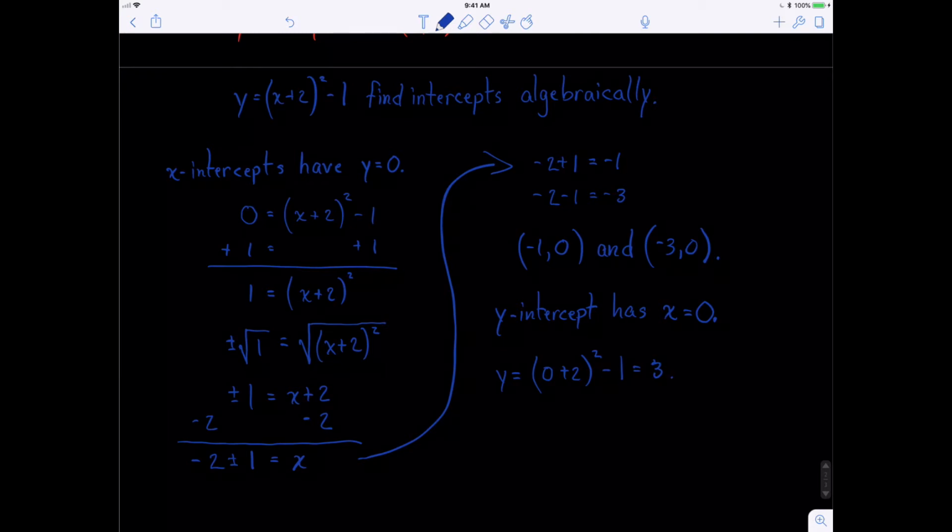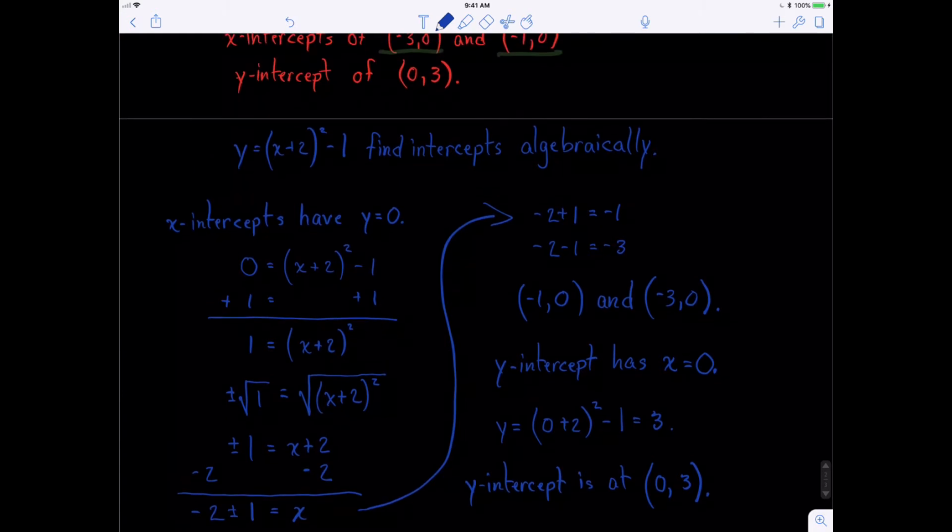And so our y-intercept is at x is 0 and y is positive 3. And notice that those solutions match up above. That's exactly what we found when we did this graphically.